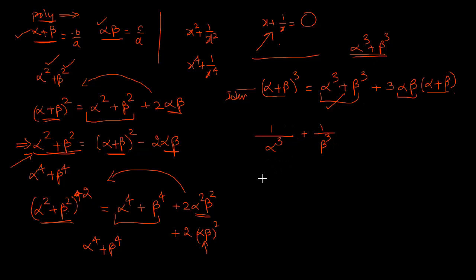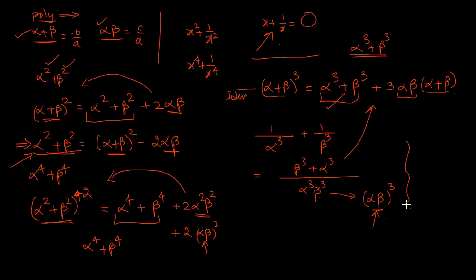So if I take it this way, take LCM, alpha cube plus beta cube, then it will be beta cube plus alpha cube, or alpha cube plus beta cube. Substitute this with this one, and this one can be rewritten as alpha beta whole cube. In that scenario, you can substitute alpha beta and try to find out the whole value.